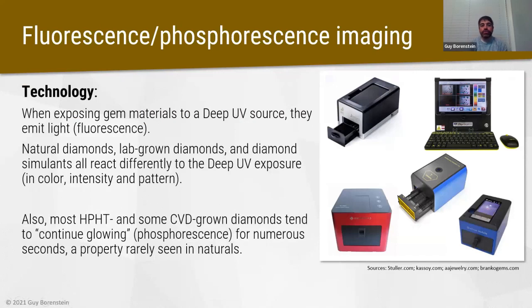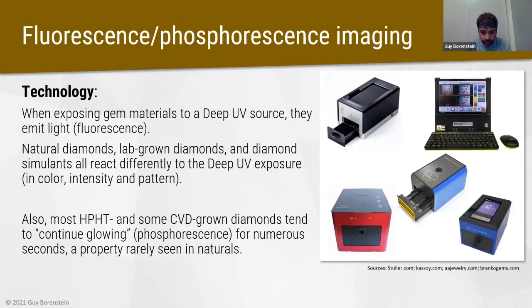The next technique is called fluorescence or phosphorescence imaging. In this technology, we are using deep UV. We are putting the stone into a black box, into a chamber, and we are bombarding it with deep UV while a camera is recording the effect. We are trying to see, first of all, in which color the diamond is fluorescing.